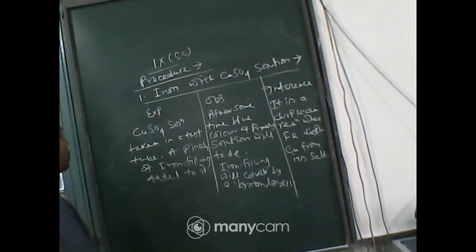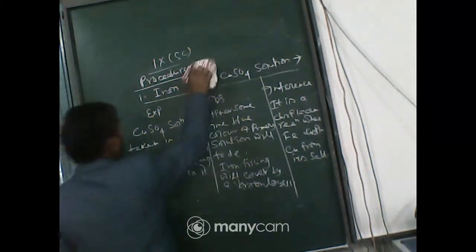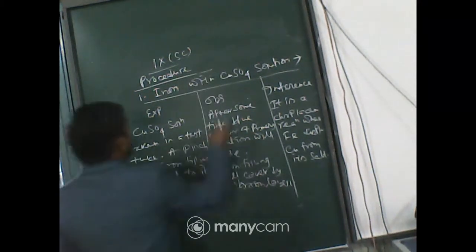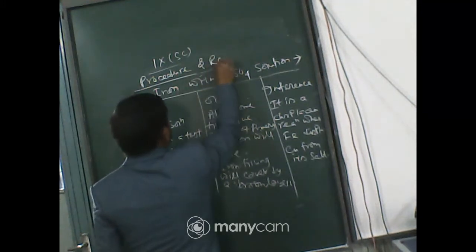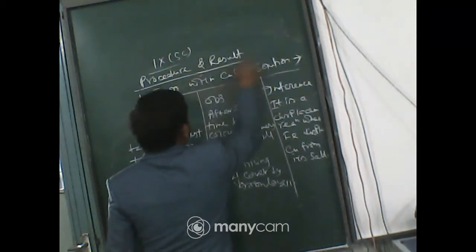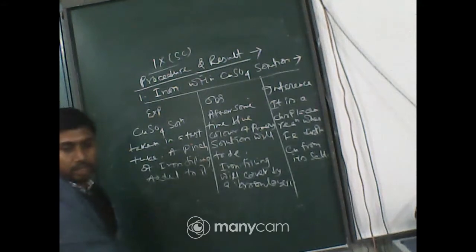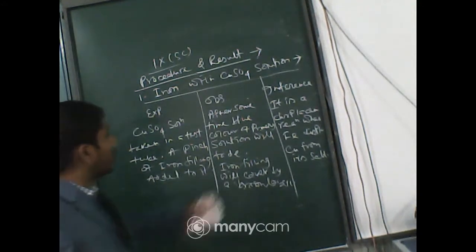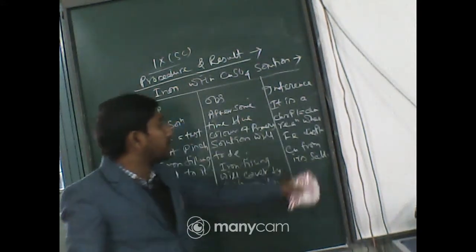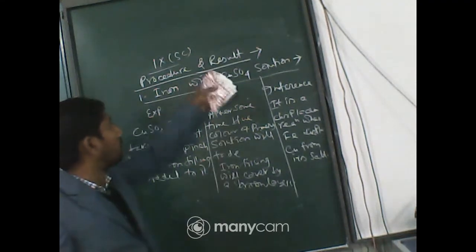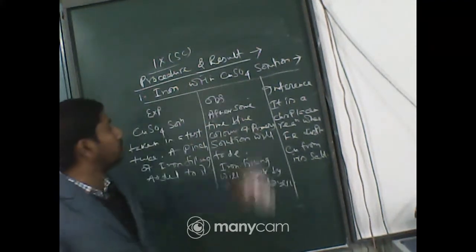Experiment: copper sulphate solution taken in a test tube. Okay, you add here procedure and result, because the inference drawn is part of the result. So, at the same time, procedure and result.